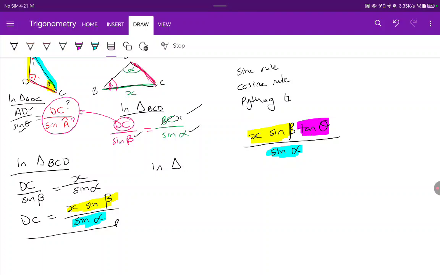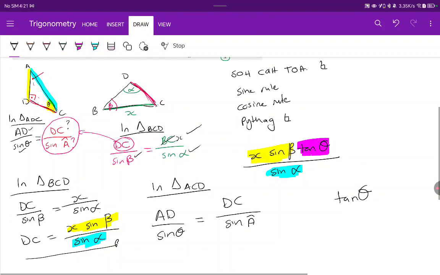Okay, so I'm going to say in our second triangle, ACD, in triangle ACD, what are we doing? We are going to say that AD, which is our final answer that we want, divided by sine of theta is equal to DC divided by sine of A. That is the sine rule. Okay. That's where we started. But now, on the side, just me thinking, what is tan of theta actually in this triangle?